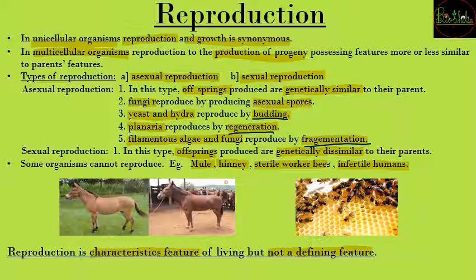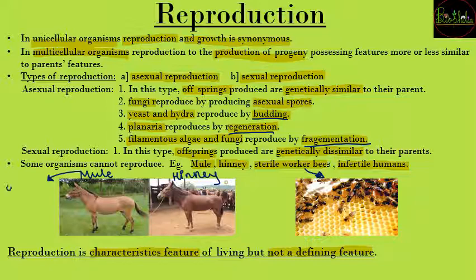अब यहाँ पे हमने देखा था about mule and hinny. So what is the difference between mule and hinny? The first figure over here is of mule and the second figure is of hinny. And in the third figure you can see the sterile worker bees. अब mule जो होता है, the mule is a result of a fusion from two different sources.